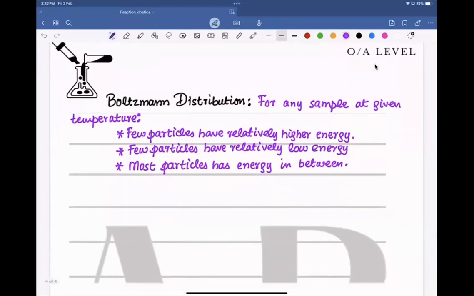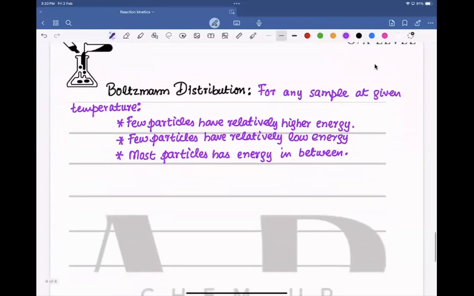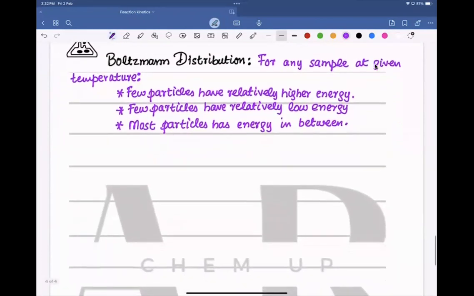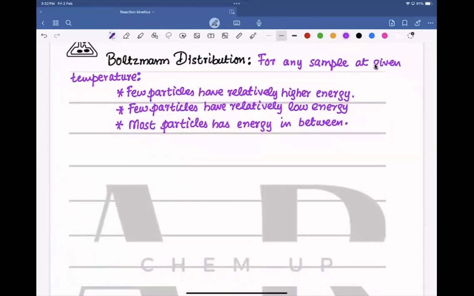Okay. So basically, the Boltzmann distribution is the graphical representation of this energy distribution that we have discussed.